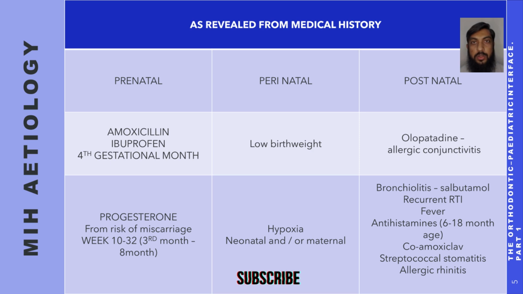The perinatal causes, during birth, are low birth weight, preterm birth, and delayed labor causing hypoxia. Postnatal causes are severe infections, recurrent infections, respiratory infections, again the administration of co-amoxiclav and ibuprofen, and the allergic conjunctivitis medicine olopatadine.